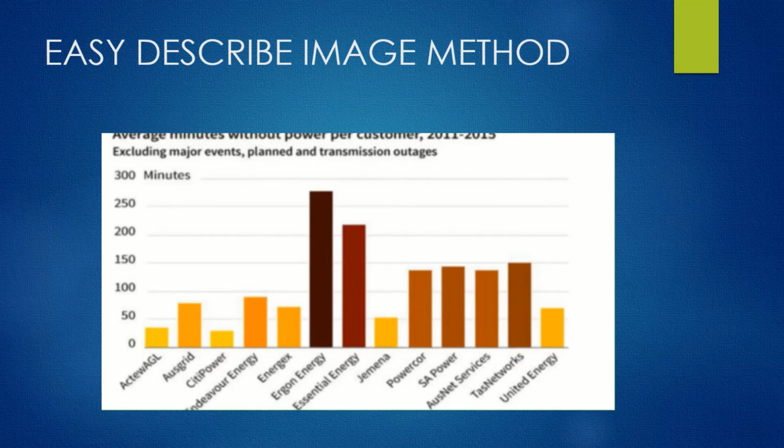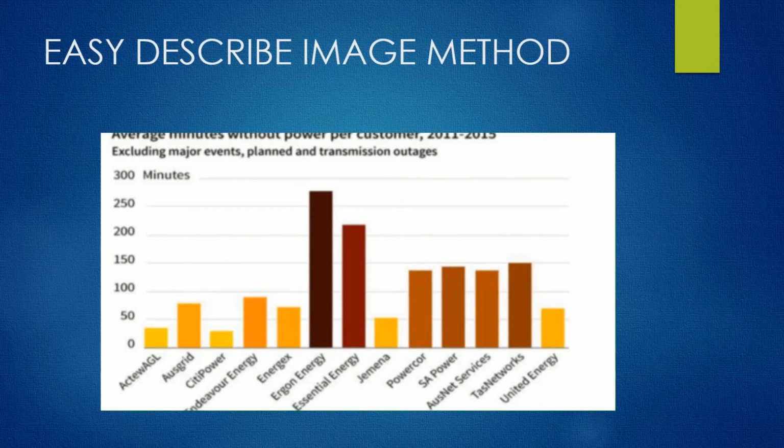So the first thing I always tell my students is to describe the features of the image. First of all, you need to have an introduction before you describe the features of the image, maybe something like: the graph shows the picture of boys and girls in a school class of 2020.